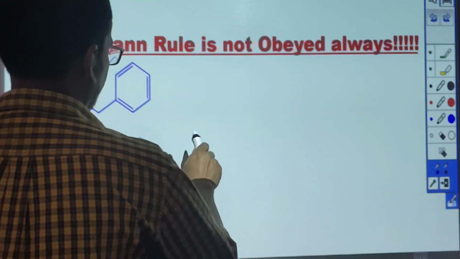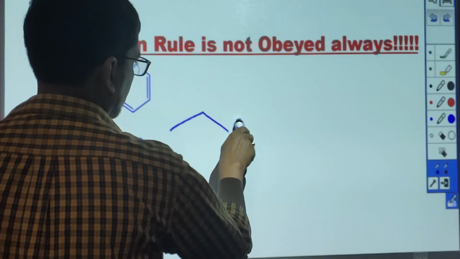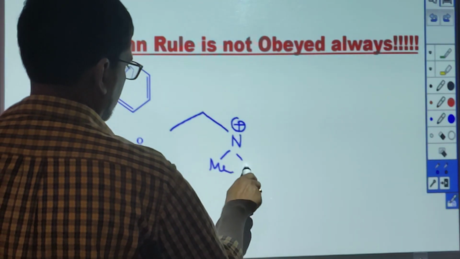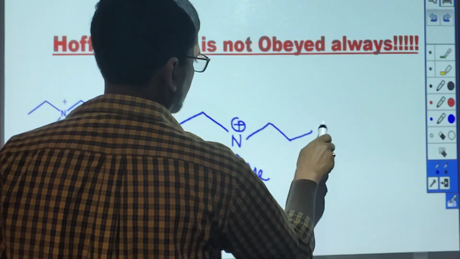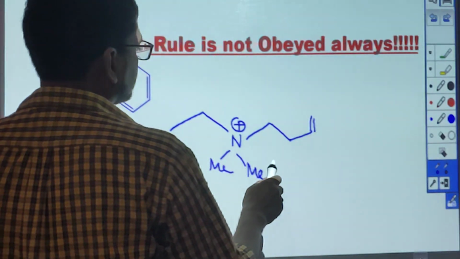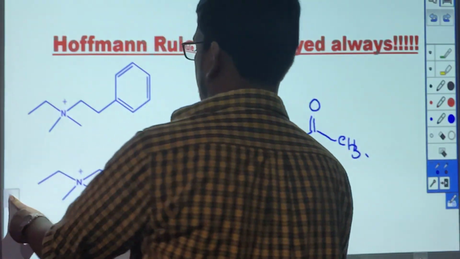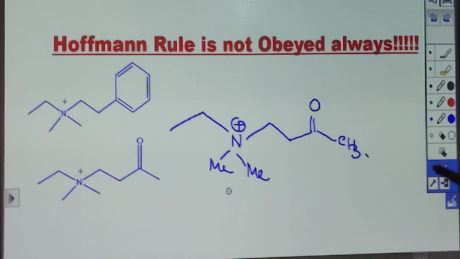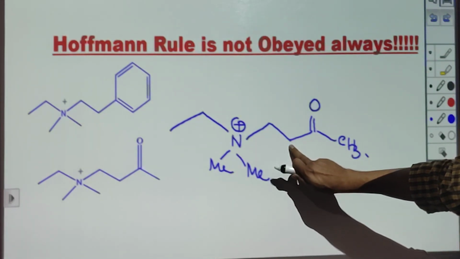This is my M, this is M, this is M. This will be my structure. This is the alpha carbon, this is the alpha carbon, this is my beta carbon.